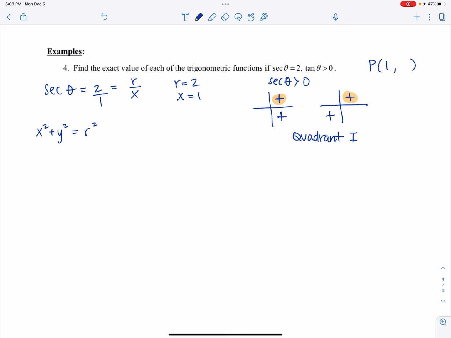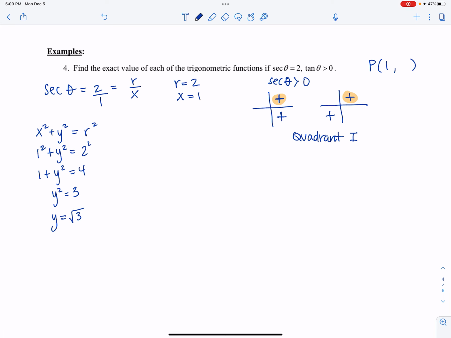And since we know that r is 2, that tells me x squared plus y squared equals 2 squared. And x was actually 1, so 1 squared. So we have 1 plus y squared equals 4. So y squared equals 3, so y equals the square root of 3.